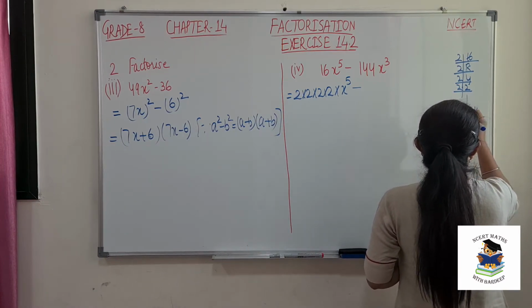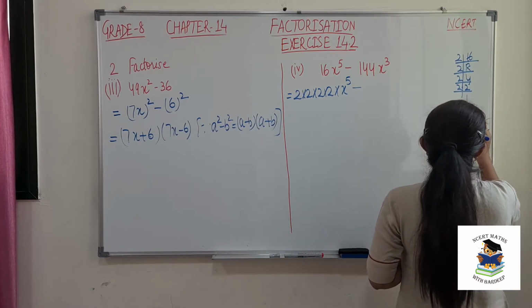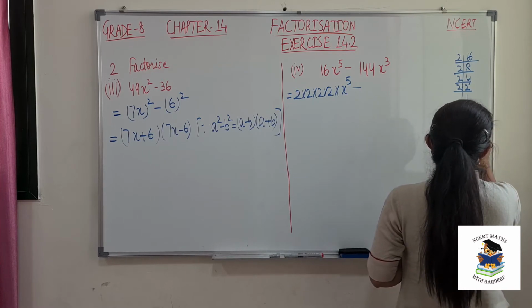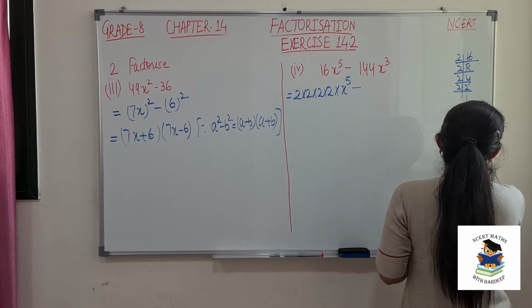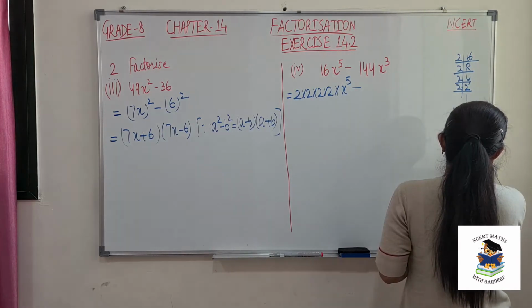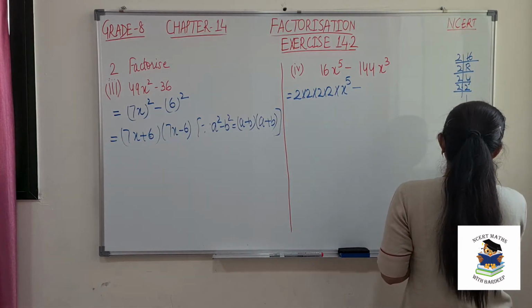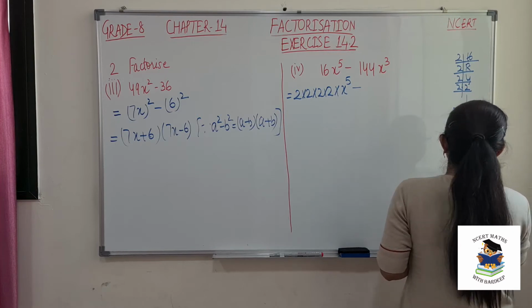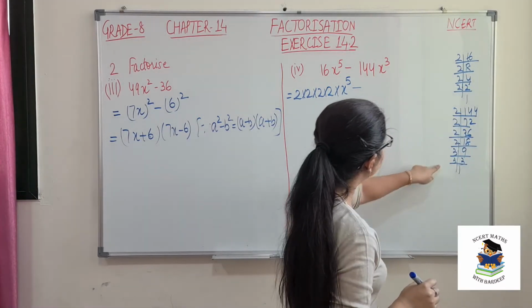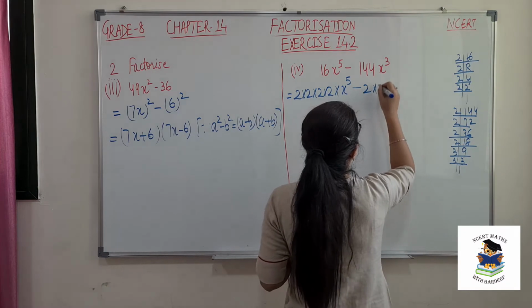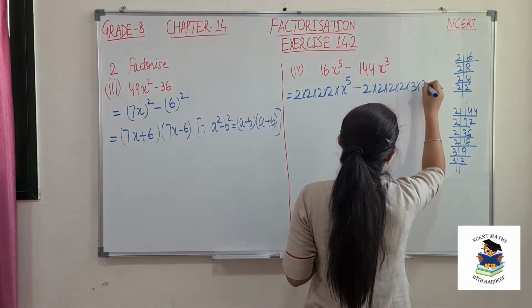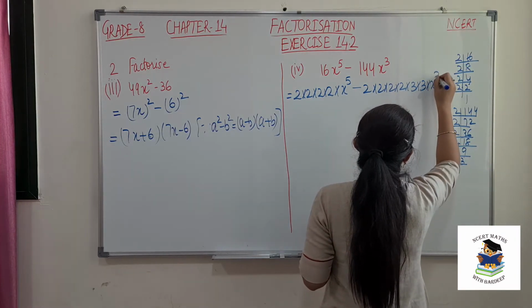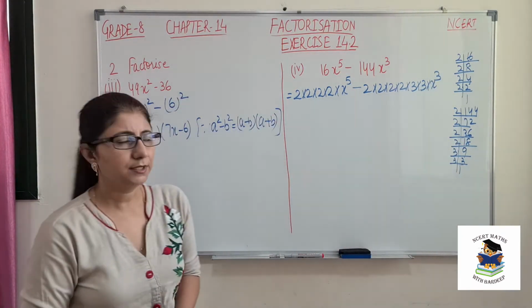Since 16 and 144 are already perfect squares, but still I am doing this because we need to find the common factor outside to make our numbers smaller or calculations easier. So this is 4 times 2 and then 2 times 3 into x raised to power 3.